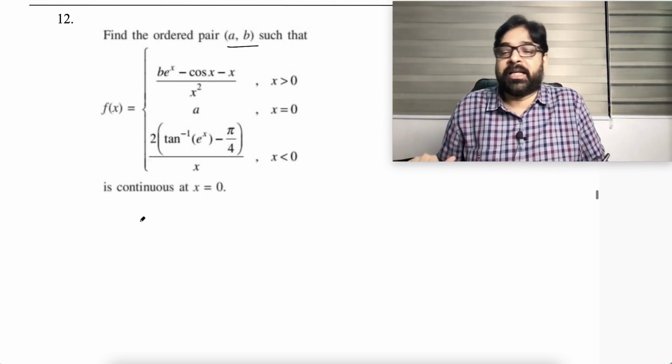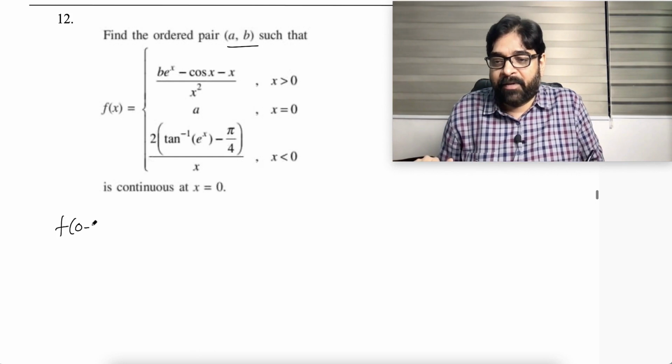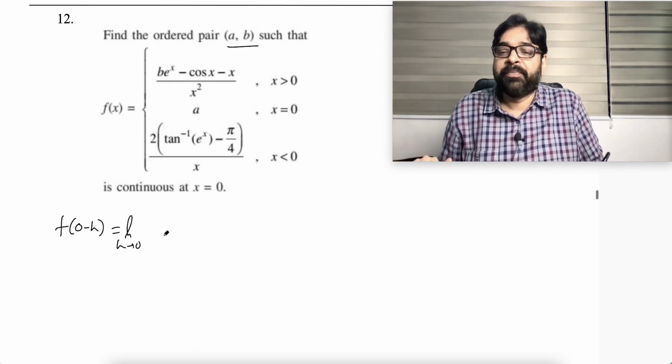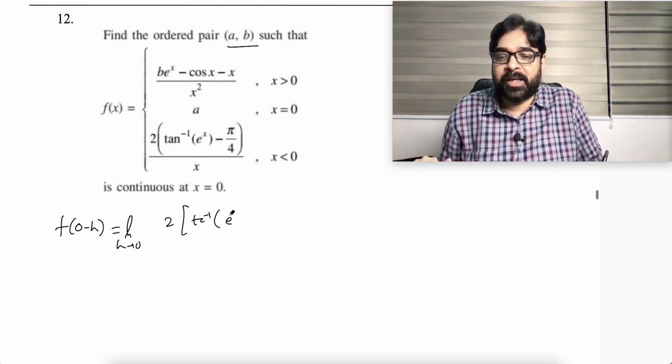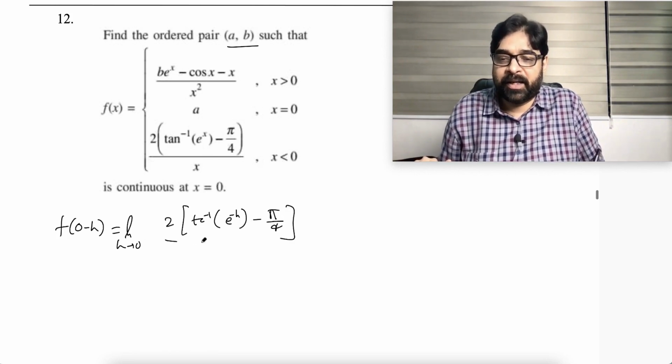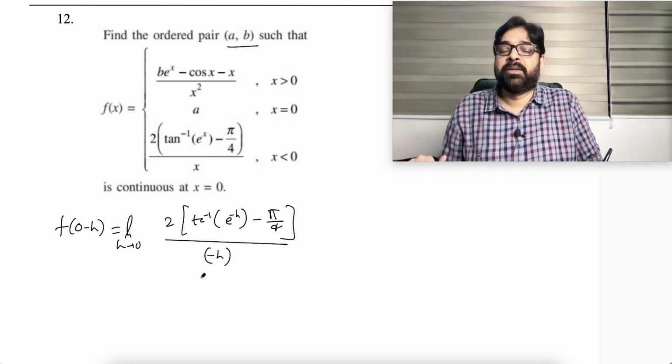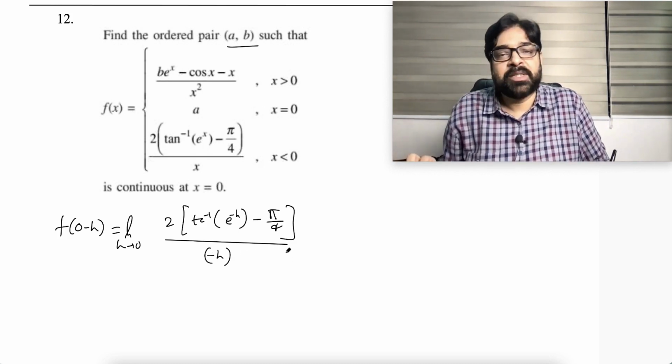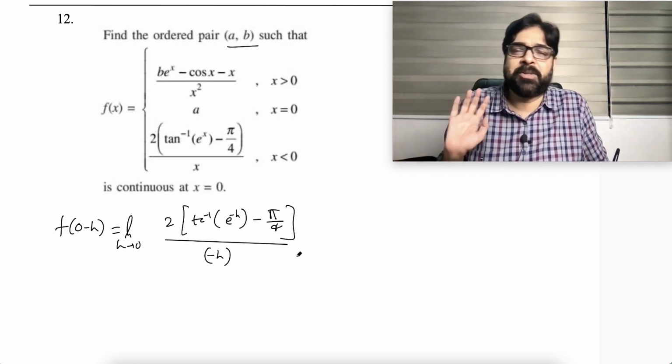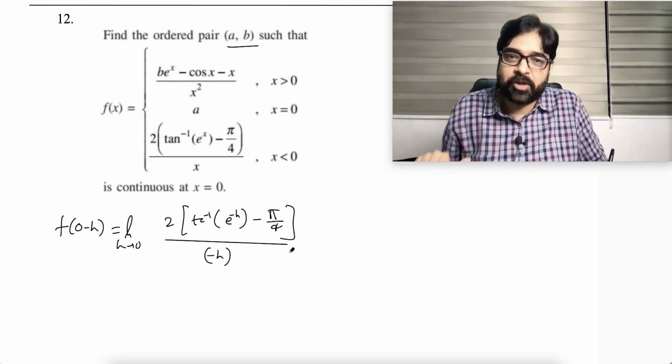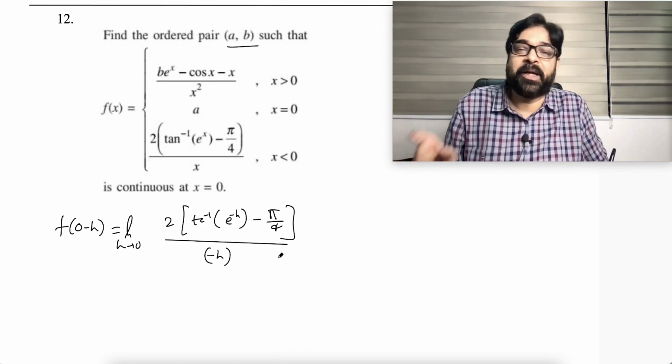If it's continuous at x equal to 0, I will find f of 0 minus h, and that will be defined from this function as 2 into tan inverse e power minus h minus pi by 4, divided by minus h. For this kind of question, I will suggest you go with L'Hospital rule. That's much better. Without that also you can write it, but you have to use inverse properties and all.